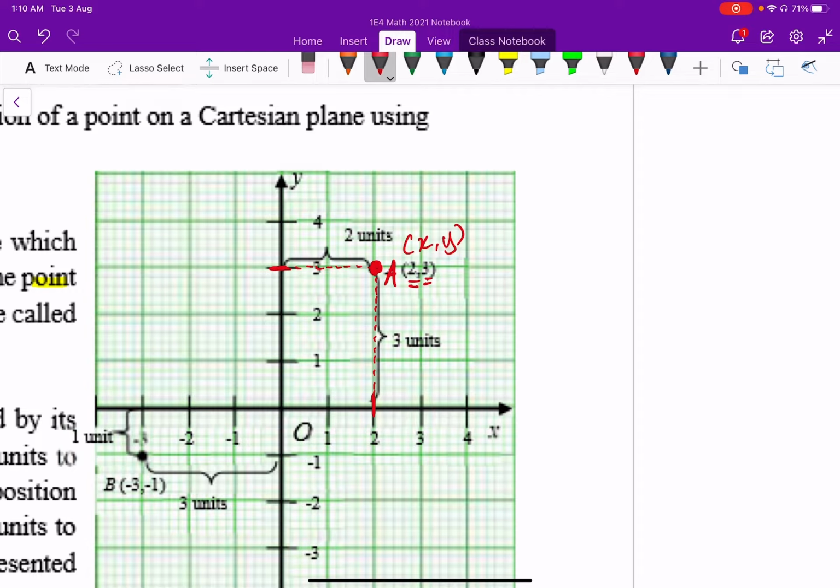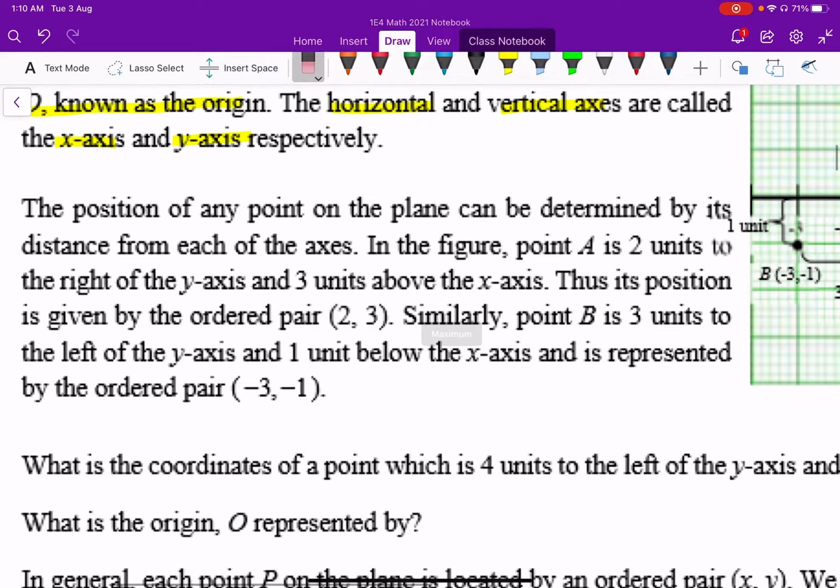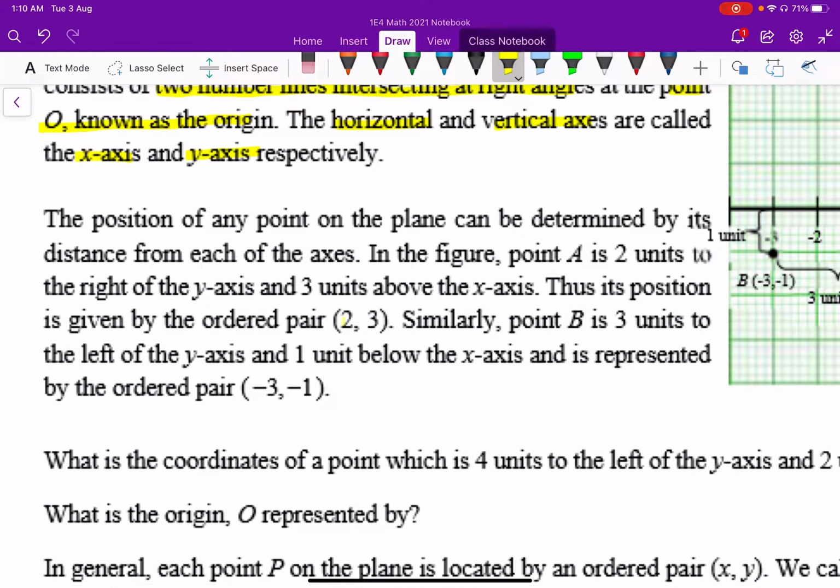There is a format for us to write. We must always write in brackets 2, comma 3. The bracket, the comma, and the close bracket are a must. Then you fill it up with your x value and the y value from the graph. This is called the ordered pair (2, 3).